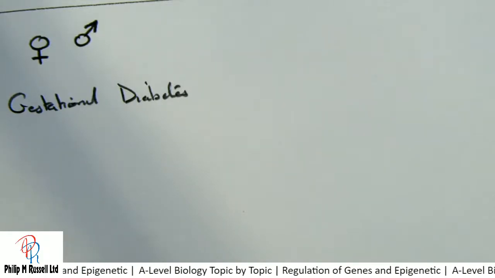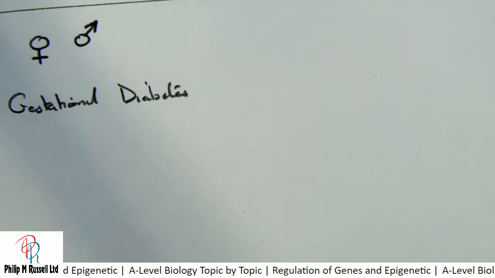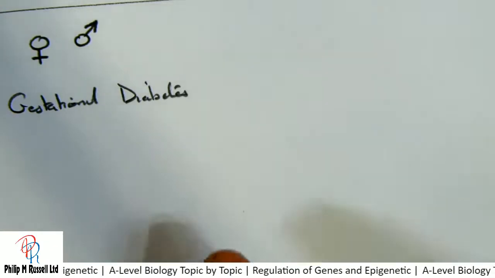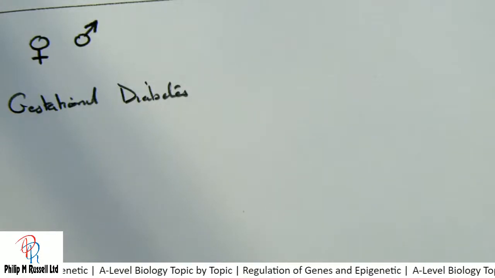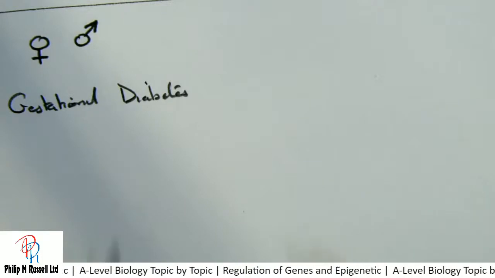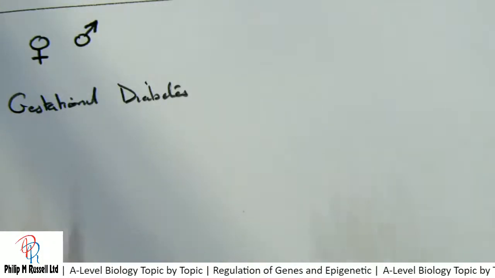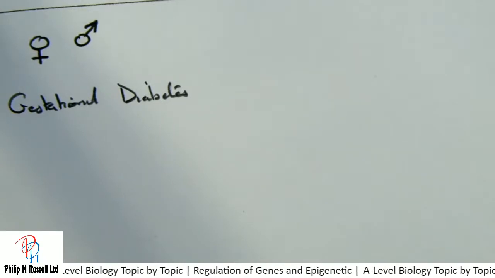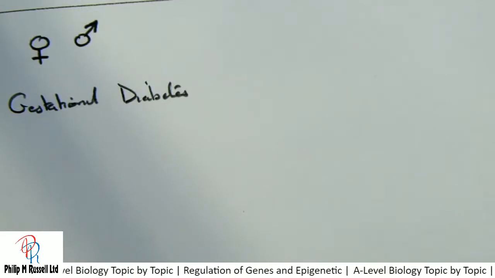This high concentration of glucose causes epigenetic changes in the DNA of the offspring. And that means that in a daughter, there's an increasing likelihood that she would also develop gestational diabetes herself.